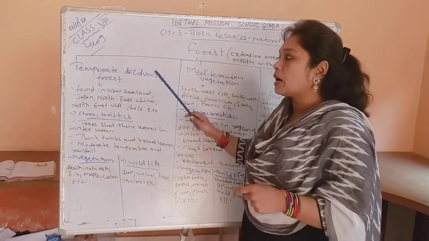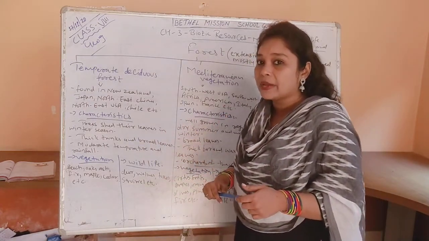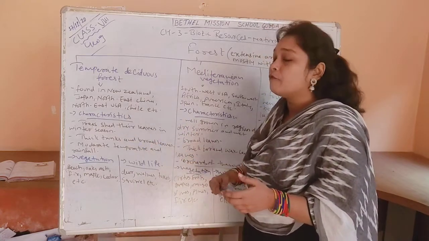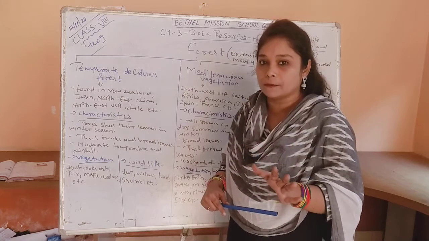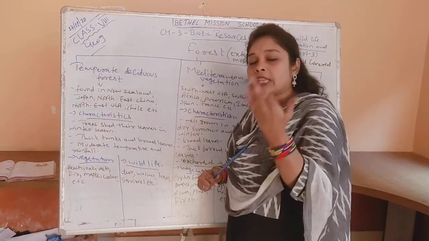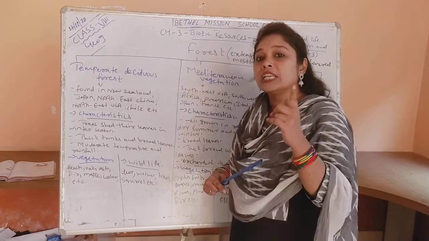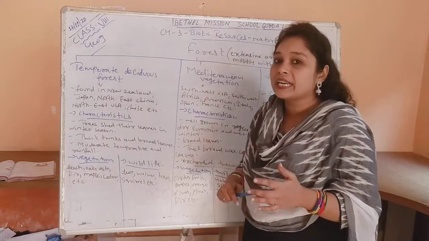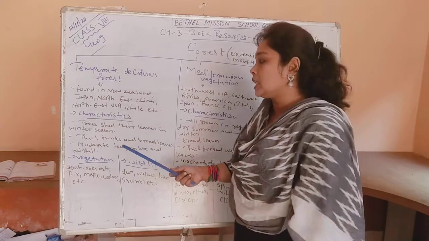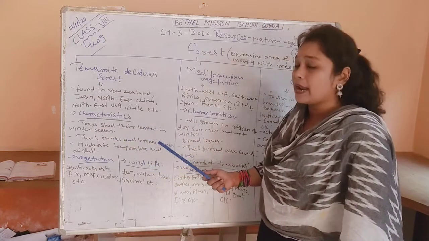So when we talk about the characteristics of temperate deciduous forest, their trees shed their leaves in the winter season, not in the summer season. Like in tropical deciduous forest, the trees shed their leaves in the summer season, but in temperate deciduous forest the trees shed their leaves in the winter season. It has thick trunks and broad leaves.